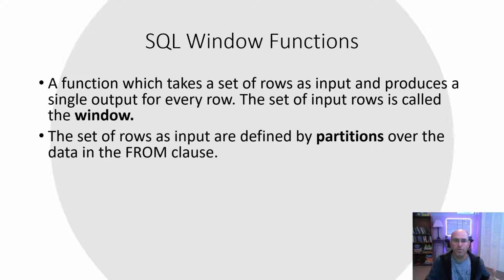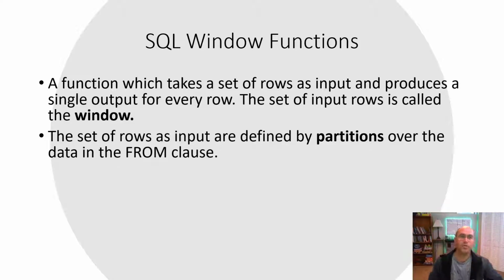The set of rows as input are defined by partitions over the data in the from clause. So whatever you get in the from clause, you join 20 tables together and you get some massive table. Then you can partition that table into windows.